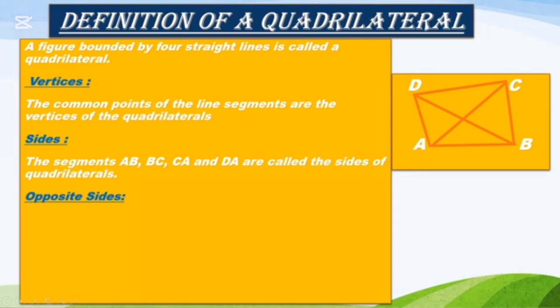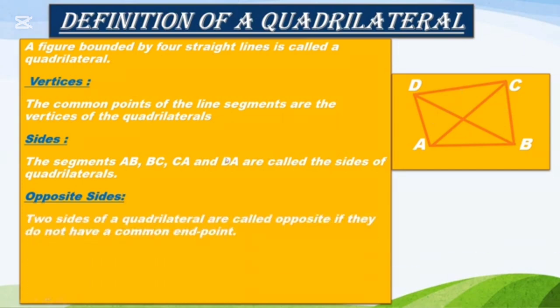If I show you in this diagram, side AB and side CD are the opposite sides of quadrilateral. In the same way, side BC is opposite to side DA, right? So these are called the opposite sides of quadrilateral.